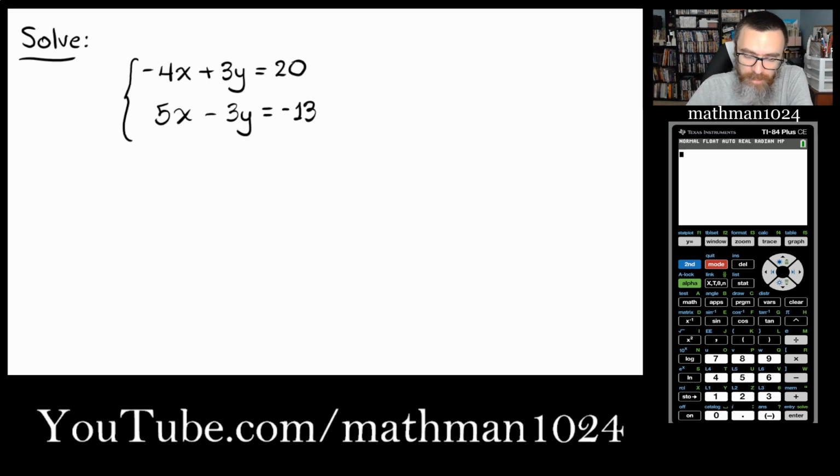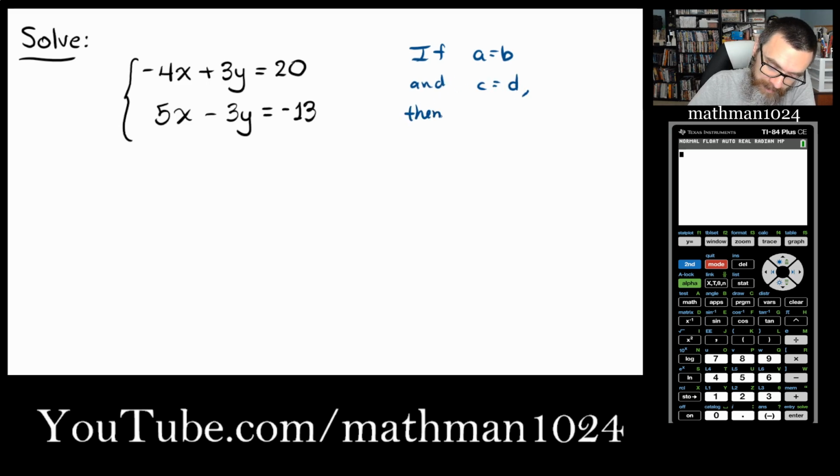So in this problem, the main thing is we're trying to get variables to eliminate. It all comes down to this little property that says that if A equals B and C equals D, then we can add the left sides, and that's going to equal the right sides of the equations. But again, we're hoping to do this in a way so that something will eliminate.